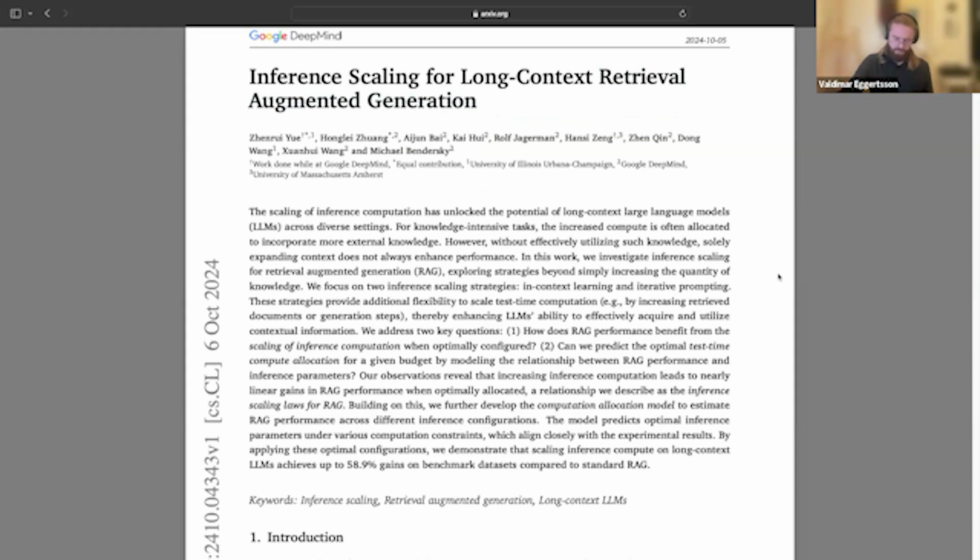So what is the paper all about? They investigate what they call inference scaling. So it's basically about putting more content into the RAG process. Usually, when we are retrieving documents to augment the generation of LLMs, we put in maybe 20,000 tokens or something.